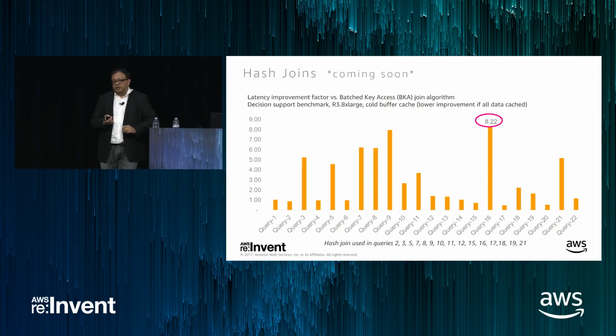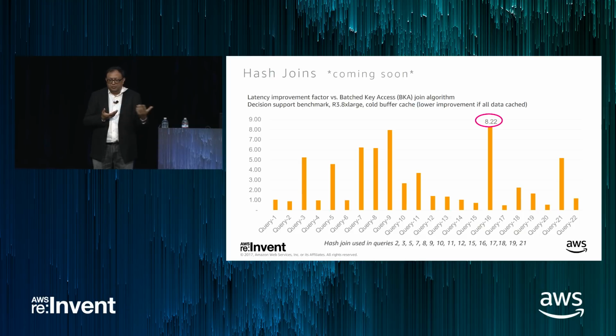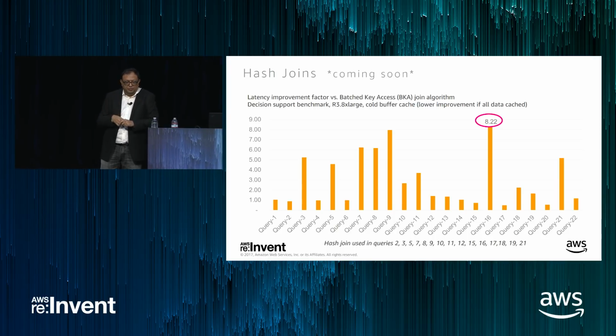If you're not familiar with hash joins, the basic idea is that you have two sides to a join. A join is where you're saying something like A equals B, in one table and another, like emp.dept_no equals dept.dept_no, or whatever.